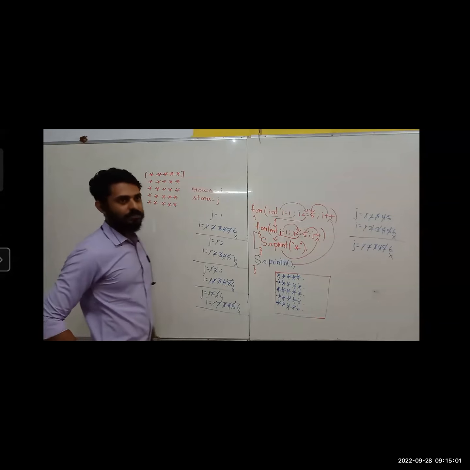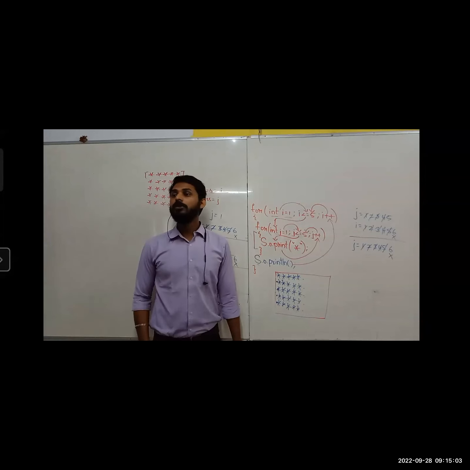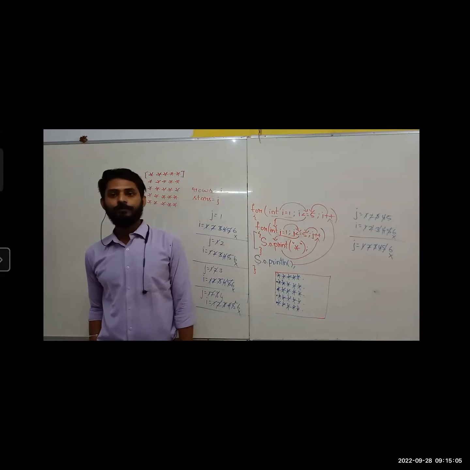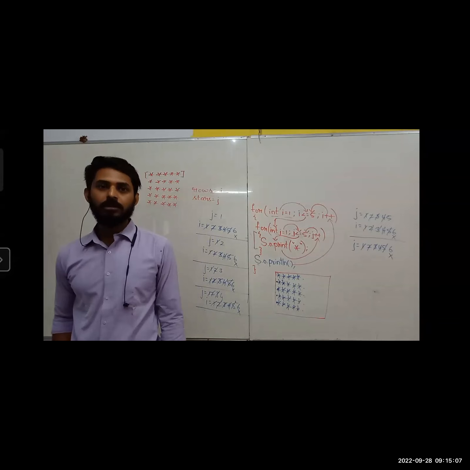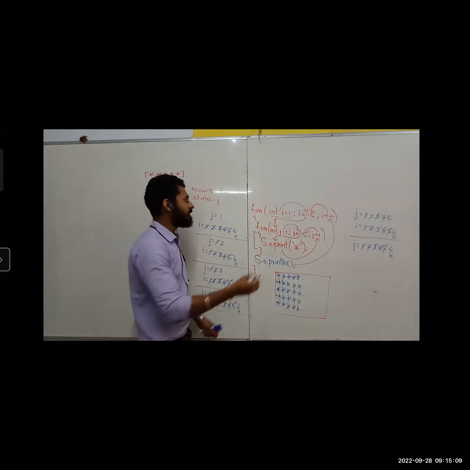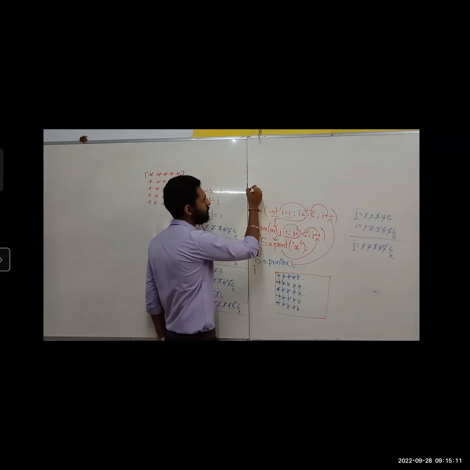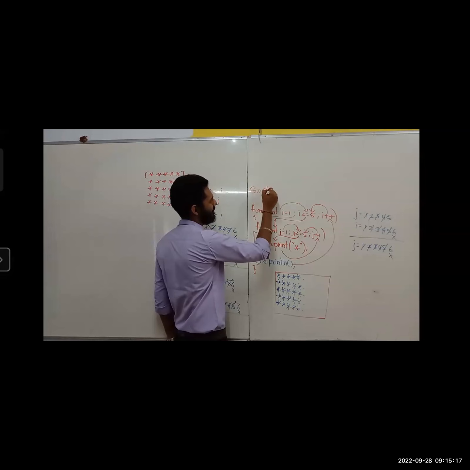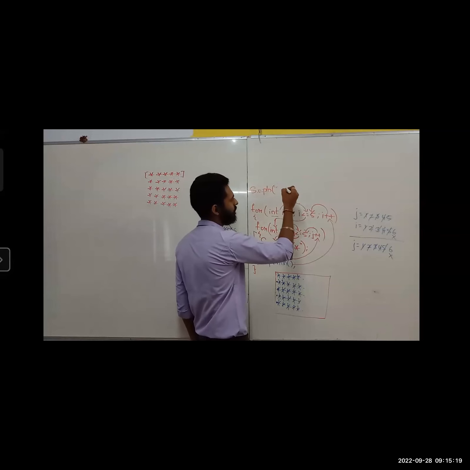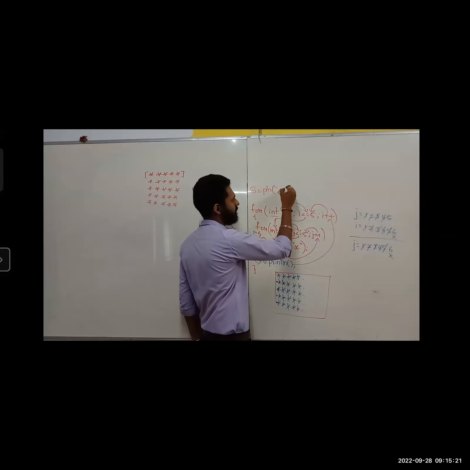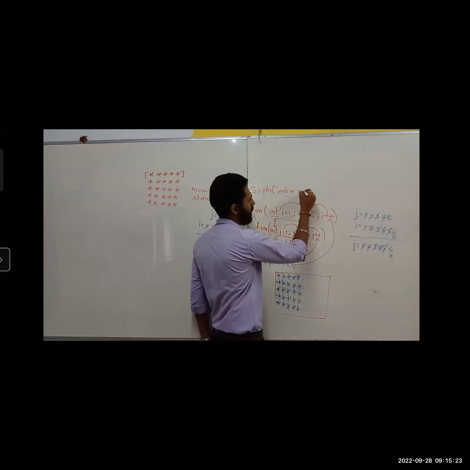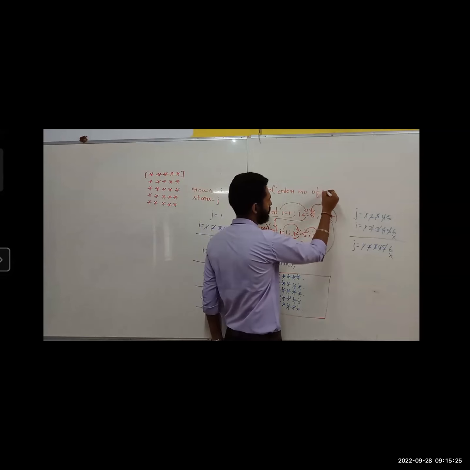So I should ask the user how many rows of stars you need. How many rows basically you need. So I'll ask the user, how can I ask? Here. Fine. What should I ask? Enter number of rows.